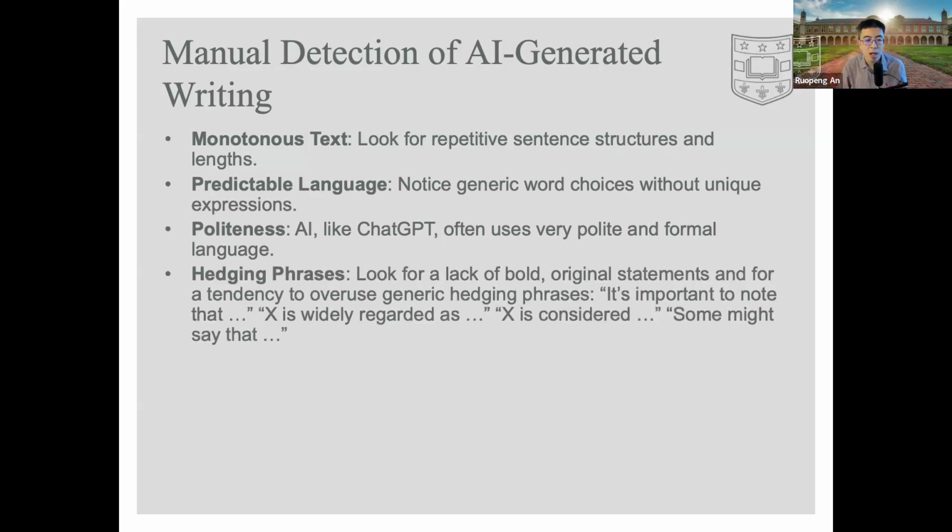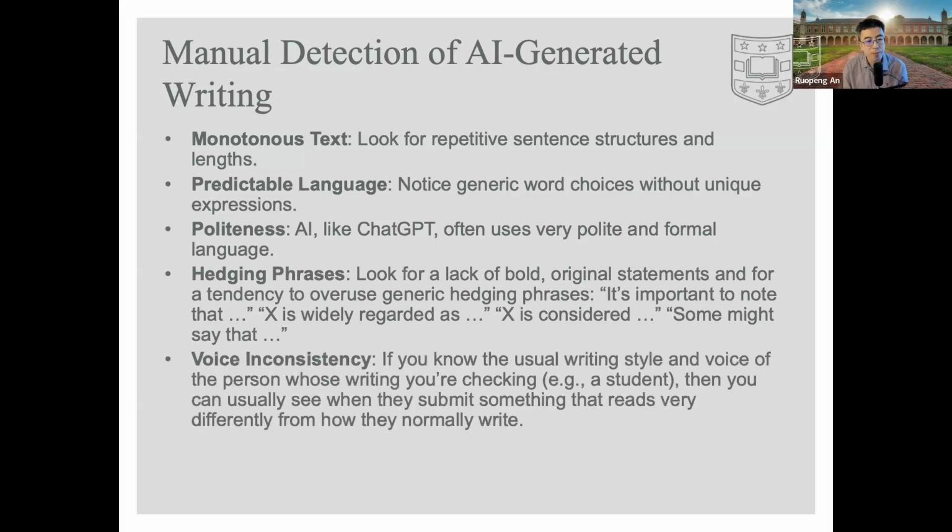Then hedging phrases: you may look for a lack of bold original statements. AI-generated text usually overuses generic hedging phrases, for example, "it is important to note that," "X is widely regarded as," "X is considered," and "some might say that." So there are a lot of hedging phrases at the beginning of sentences.